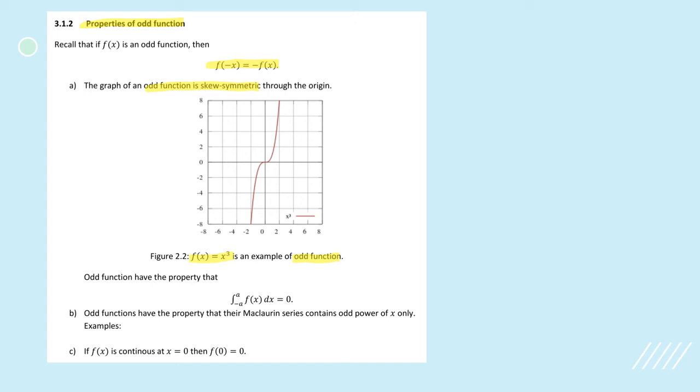Then when we integrate our function, we will have this property. For example, this is minus a and this is a.